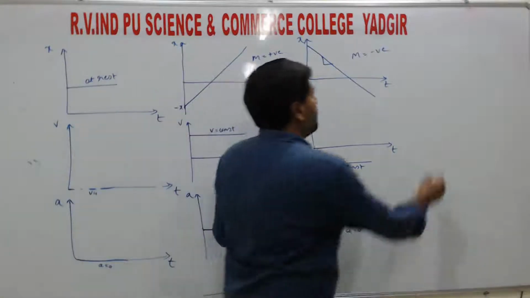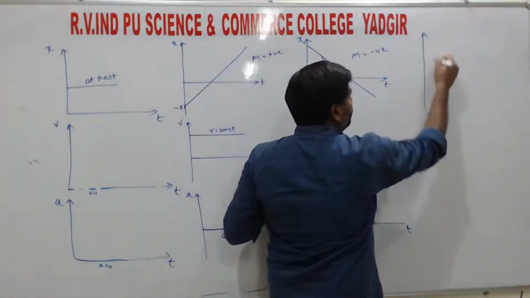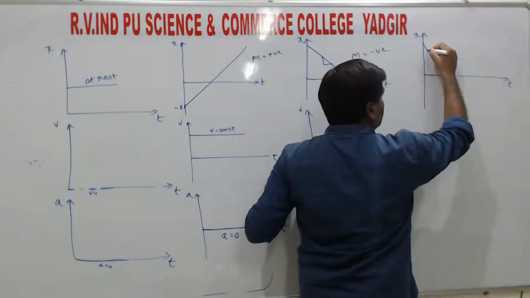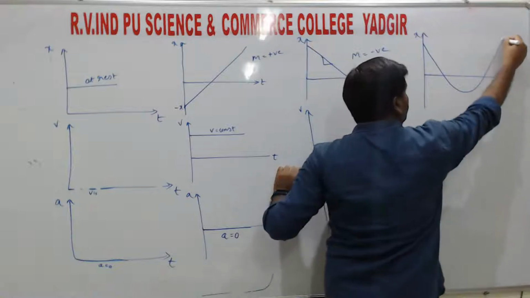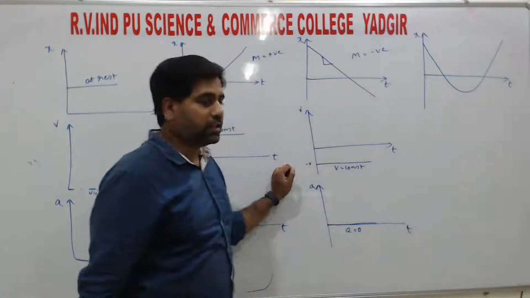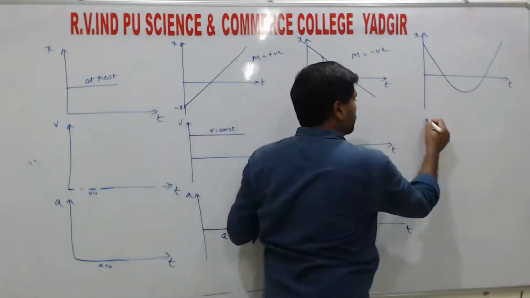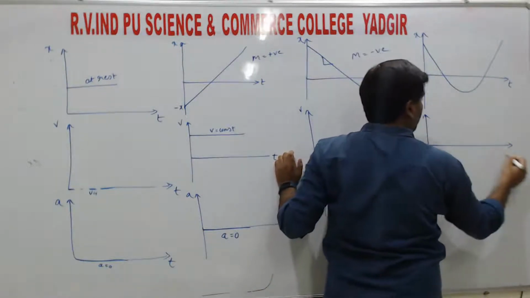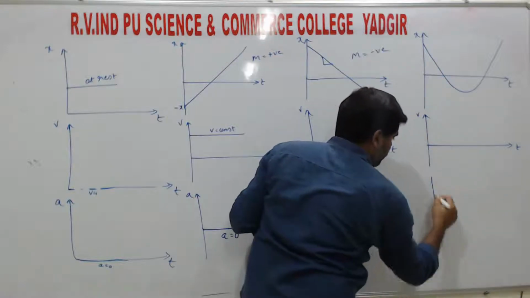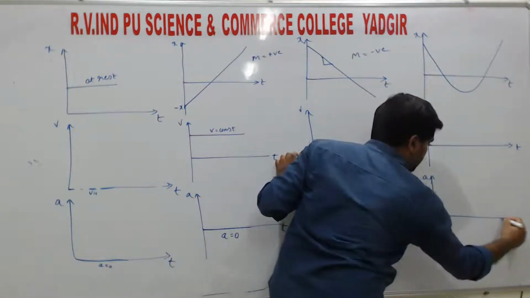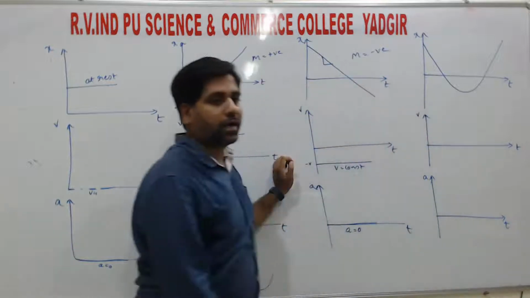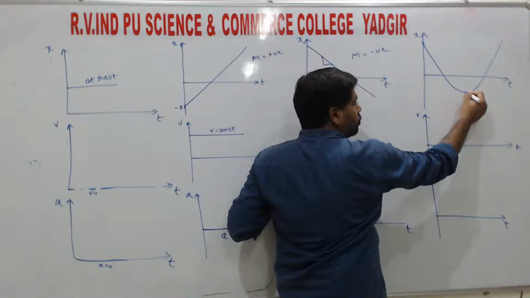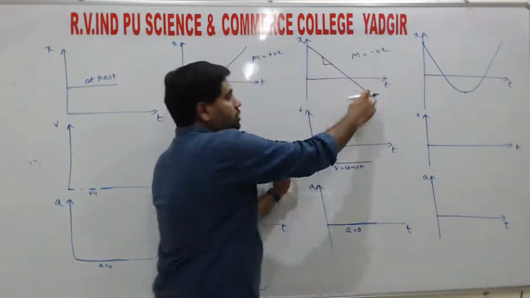So next, xt is a combination of these two, right? So the displacement curve is like this. So what about the velocity and time graphs? So here we have v, t, here we have a, t, right? So if you observe here, the displacement of the object from here to this point is similar to this line, right?